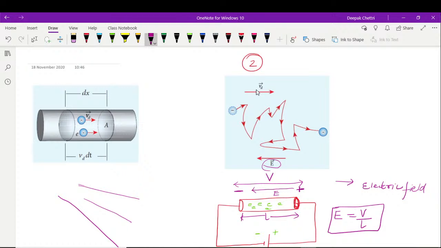Potential difference, all that is clear or not? Any doubts, anyone?